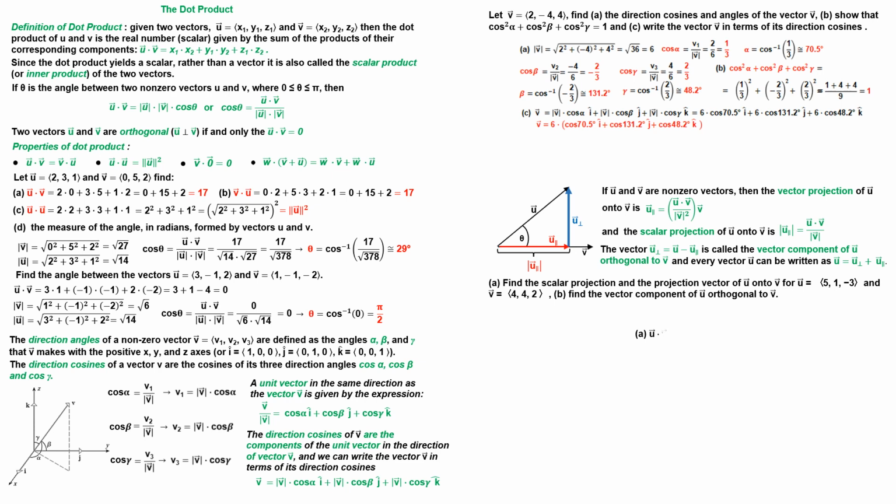To calculate the vector projection and scalar projection, we need to start by finding the dot product of vector u and vector v, the dot product of vector v with itself, and the magnitude of vector v, and then plug them into the formula provided.